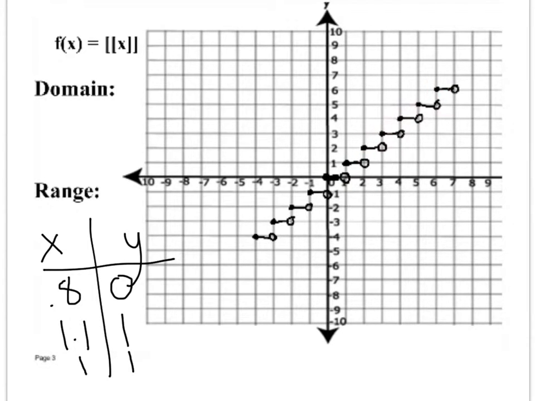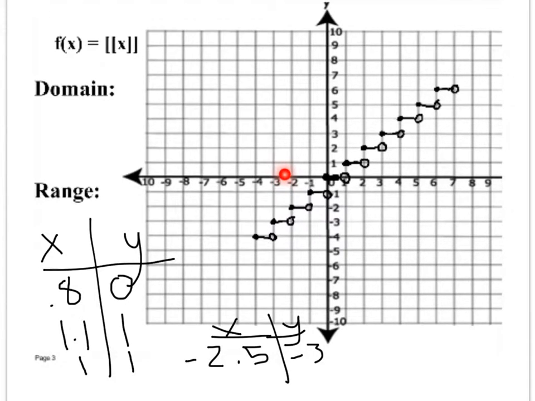Now, like I said, let's look at negative 2.5 for my x. What would my y be? Remember, what was my greatest integer of negative 2.5? Negative 3, right? Well, look. My x is negative 2.5.